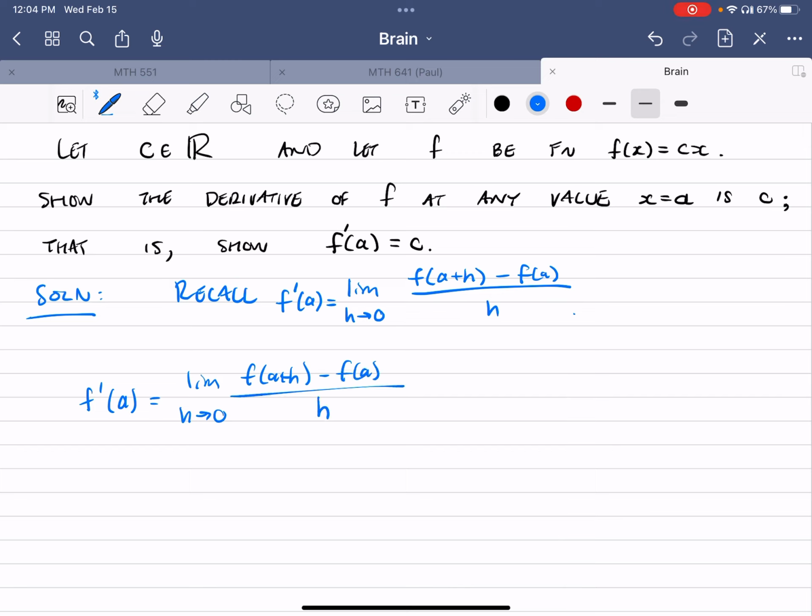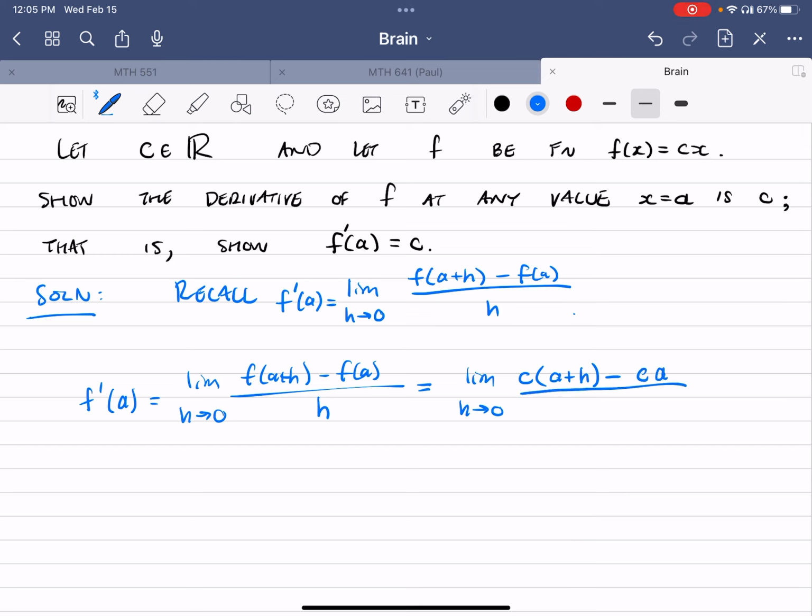Okay, so this thing is equal to the limit as h goes to 0 of c times a plus h. Right? We're plugging in a plus h wherever we see x. So this entire x value is going to be a plus h. So this is c times a plus h minus c times a.